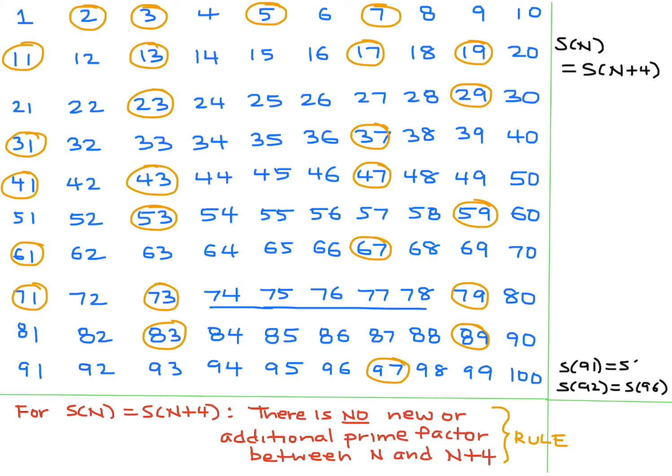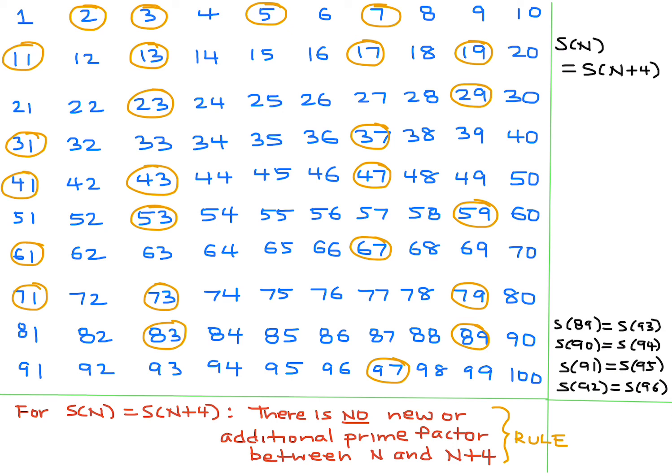So what we will do is first just list all of these from this list that do not have any prime in a range of 4. So let me just list those really quick. S at 90 could equal s at 94. And then s at 89 could equal s at 93, and so on, right?